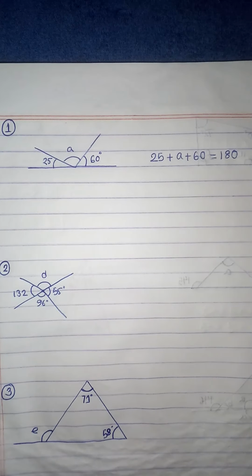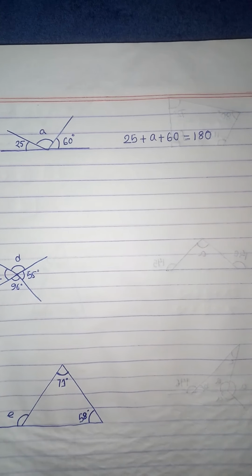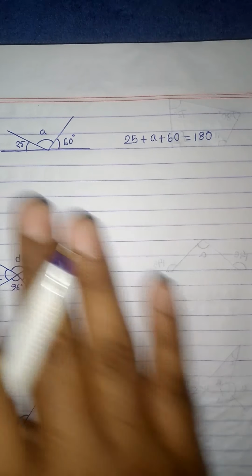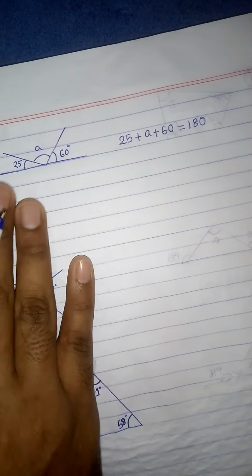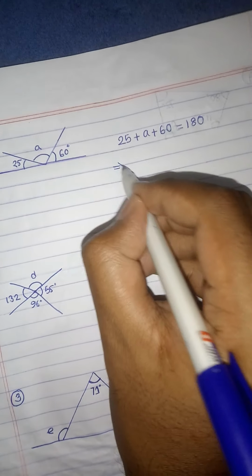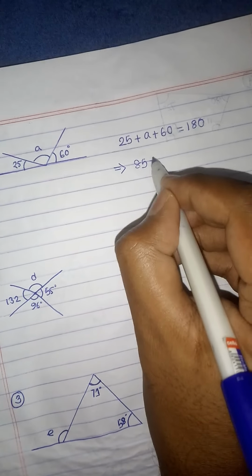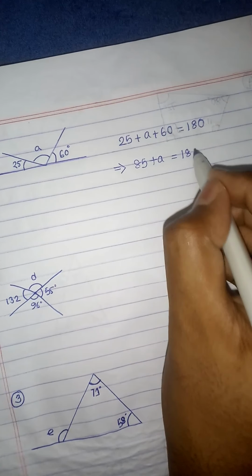25 plus A plus 60 equal to 180. This is the equation, and now we have to solve it for A. 25 plus 60 is 85, so 85 plus A equal to 180.